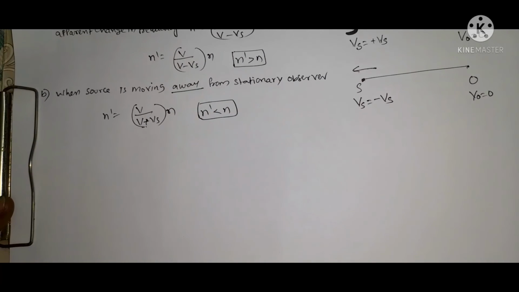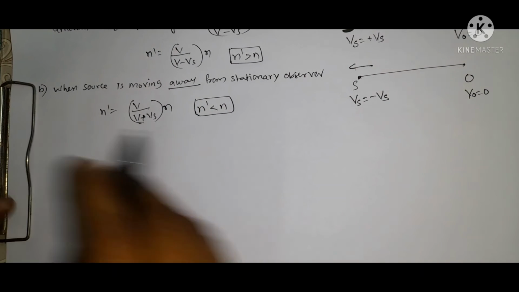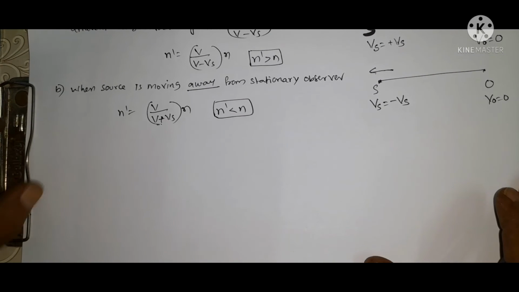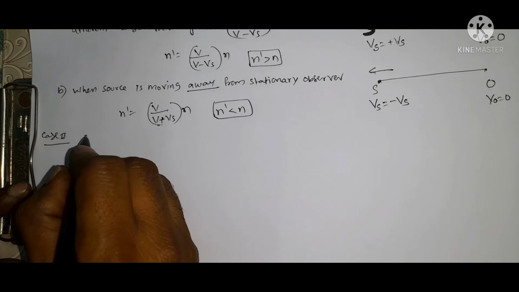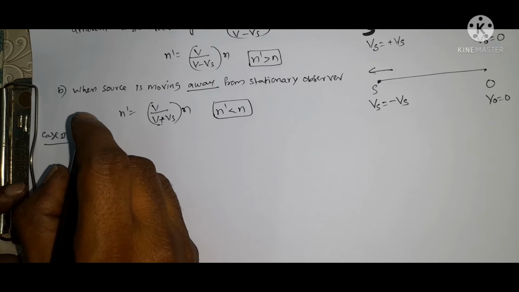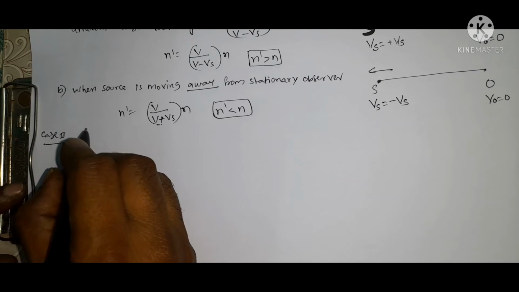Next, case 2. What is case 2? Observer is in motion, source is at rest.